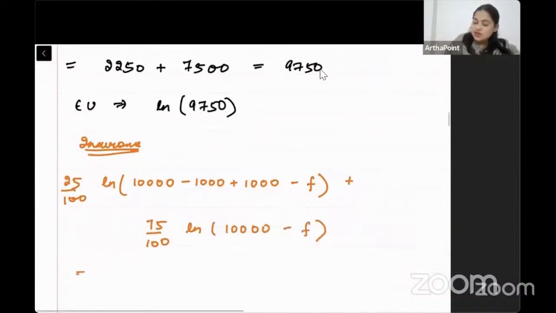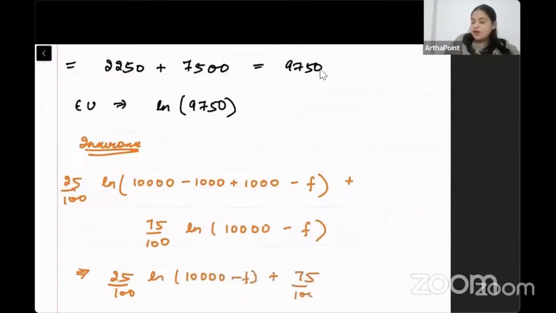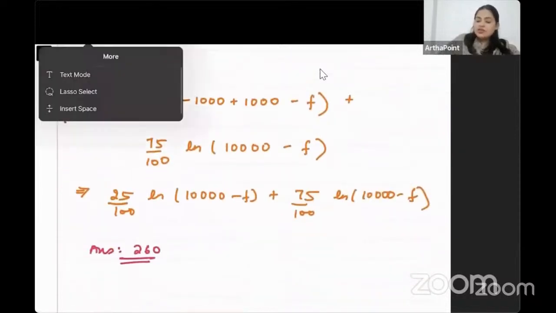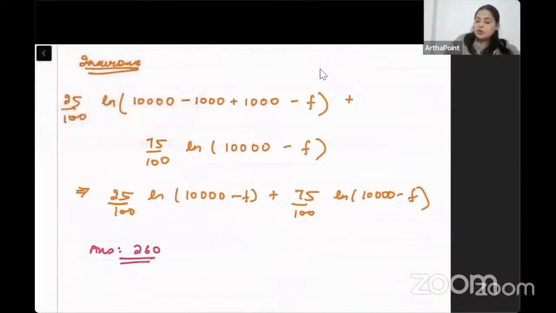So when you calculate, it becomes 25/100 ln (10,000 minus F) plus 75/100 ln (10,000 minus F). This simply gives you ln (10,000 minus F).